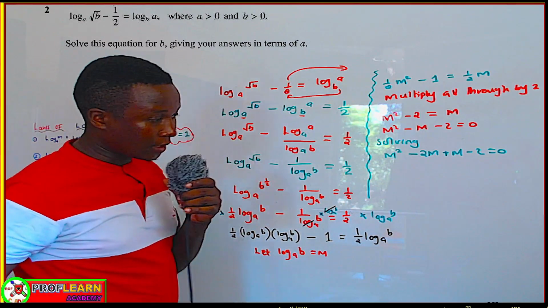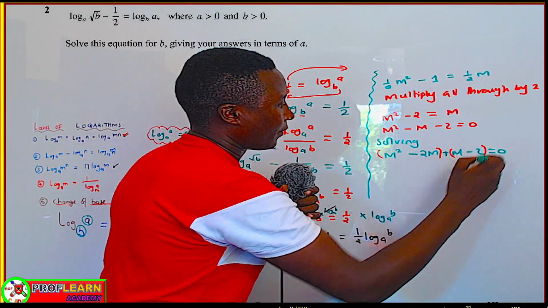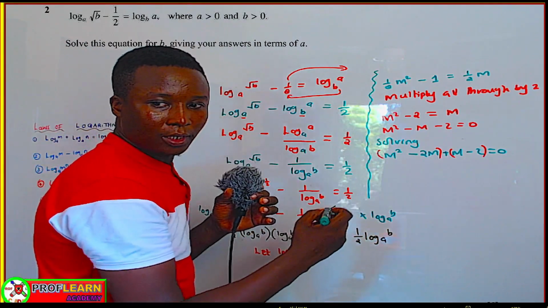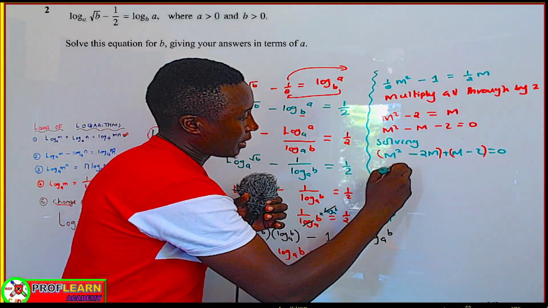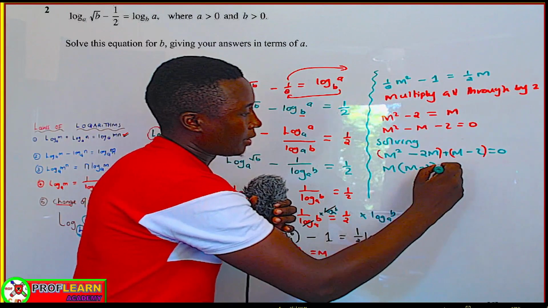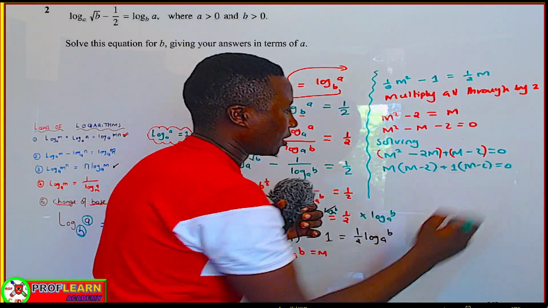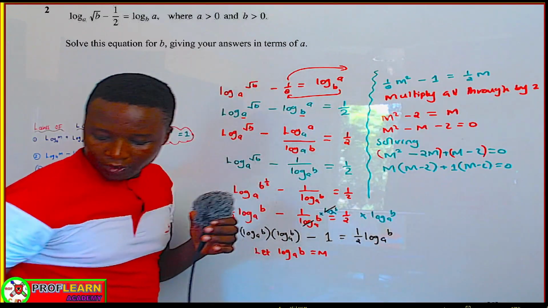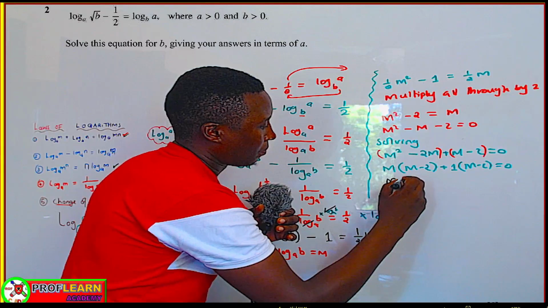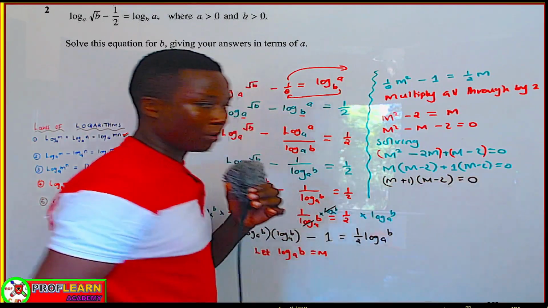Now the two factors are -2 and 1, so we factor this together and then factorize the common term. We take m out, so it will be m minus 2, and we take 1 out, m minus 2 equals 0. So factorizing this, we shall have m plus 1 or m minus 2 equal to 0.